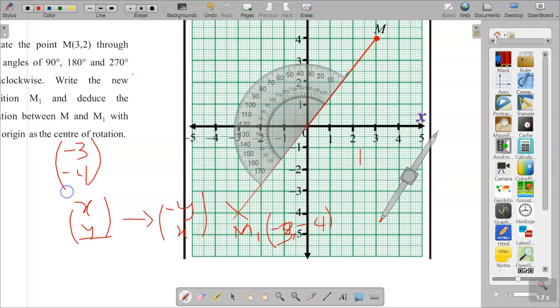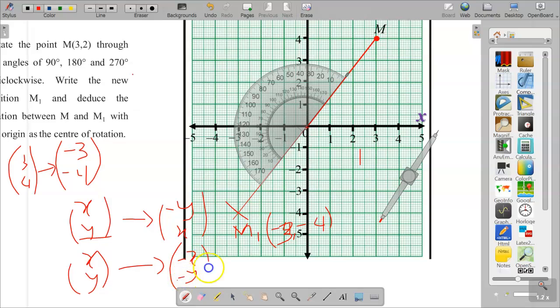The original point was 3 and then 4, and the image is -3, -4, which means that if the original is (x, y) and you rotate 180 degrees, you get the image to be the same x, y, but then you negate both x and y, and that becomes the relationship.